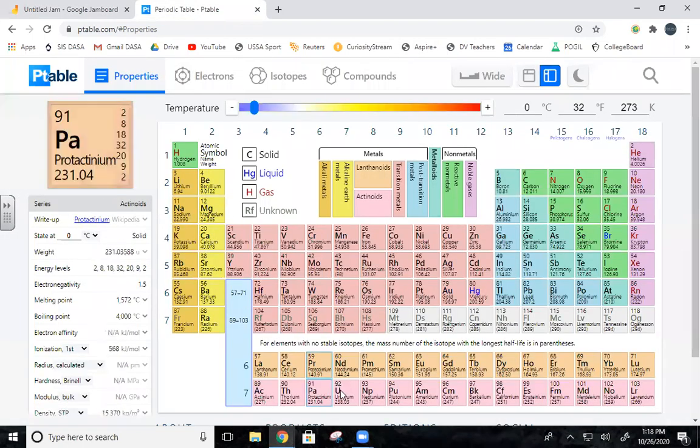And it's this guy right here, uranium. Uranium is named after the planet Uranus, just like neptunium is named after Neptune, and plutonium is named after Pluto. Yep. Okay?